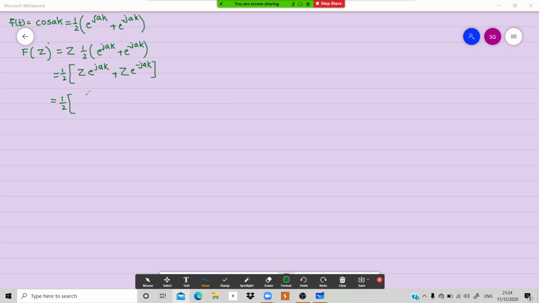The formula was saying Z upon Z minus e raised to ja, plus for this, Z upon Z minus e raised to minus ja. Correct? So first we want to rationalize this because we want the denominator to be the same.